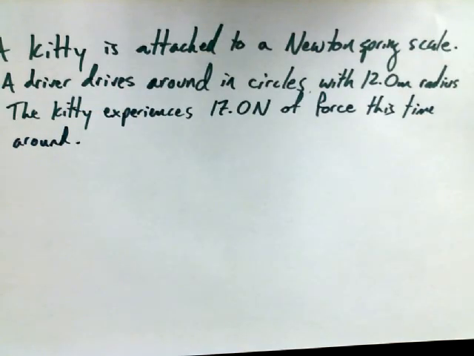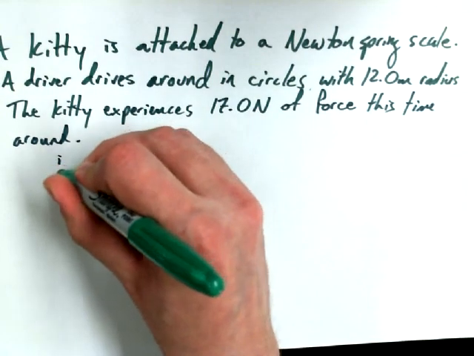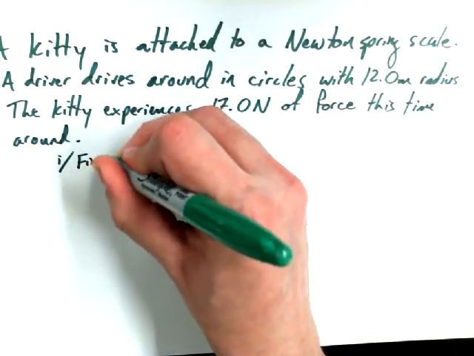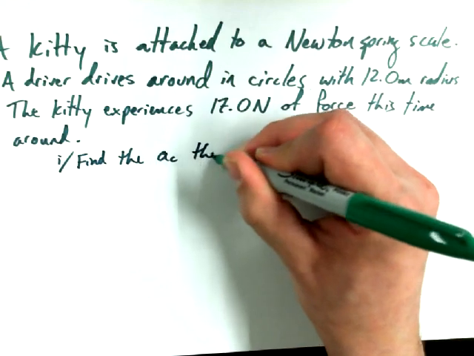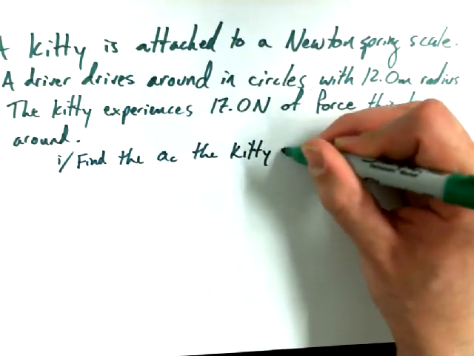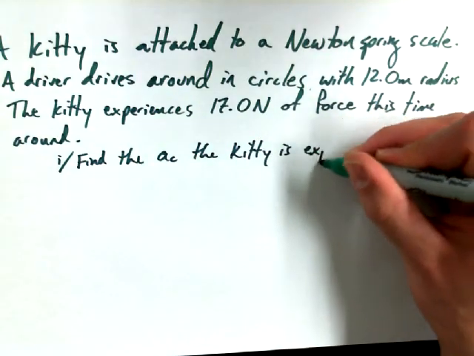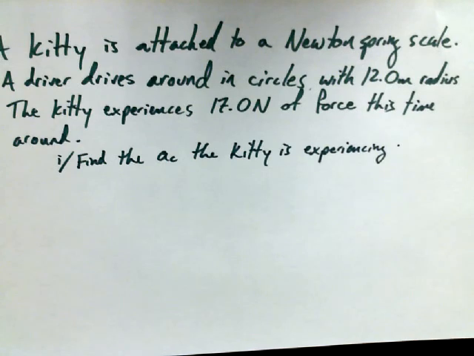So this car is maybe going faster, maybe it's going slower. We're going to find out. So first I want you to find part 1, find the AC the kitty is experiencing. Oh, I forgot to tell you the mass of the kitty.